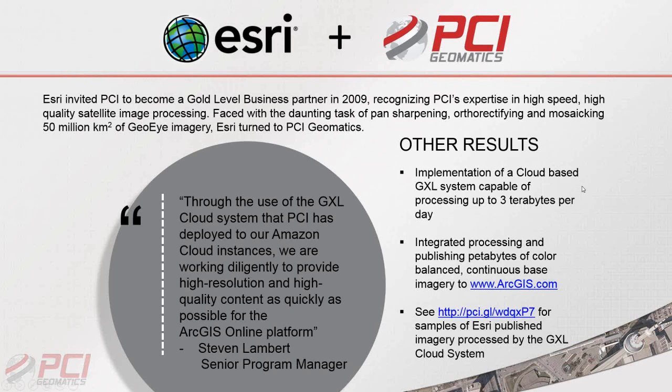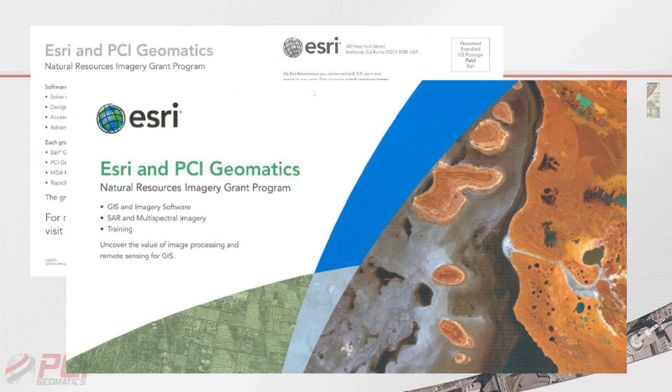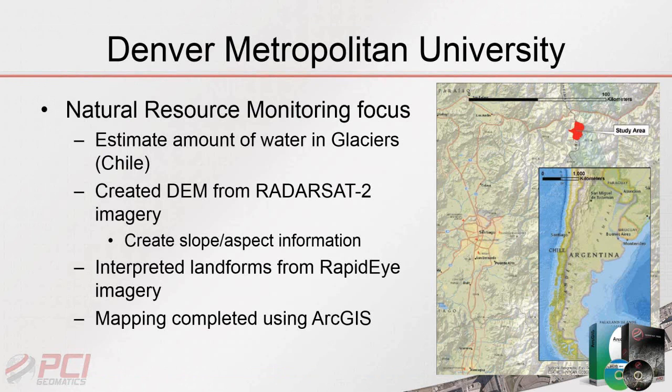And the results of those participants, of those people who have done that work, are starting to get published now. I just want to highlight a few of them for you right now. One of the case studies that has come out is from Denver Metropolitan University in the United States, and they had a particular research interest. They're looking at water in glaciers, trying to understand some parameters on glaciers a little bit better.